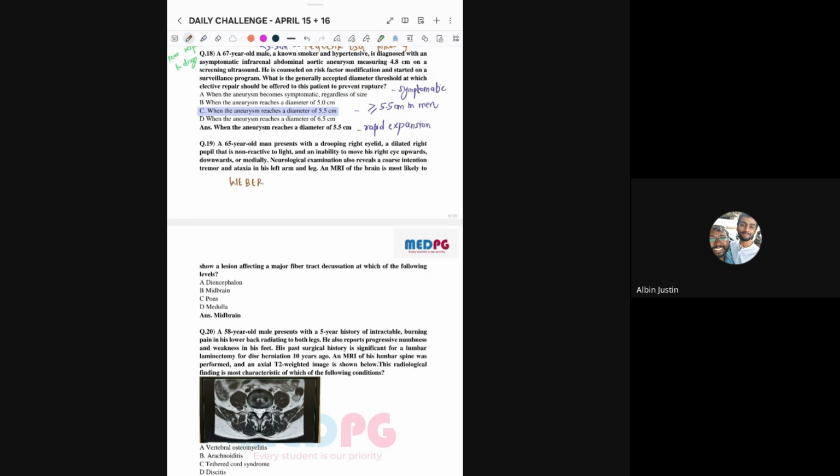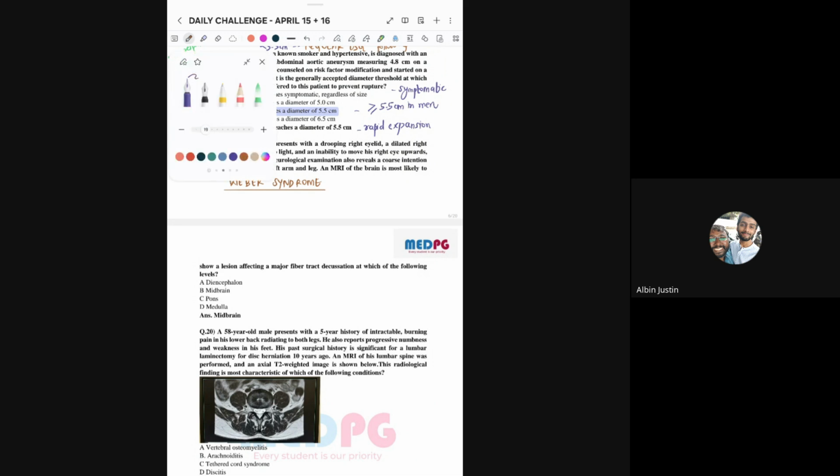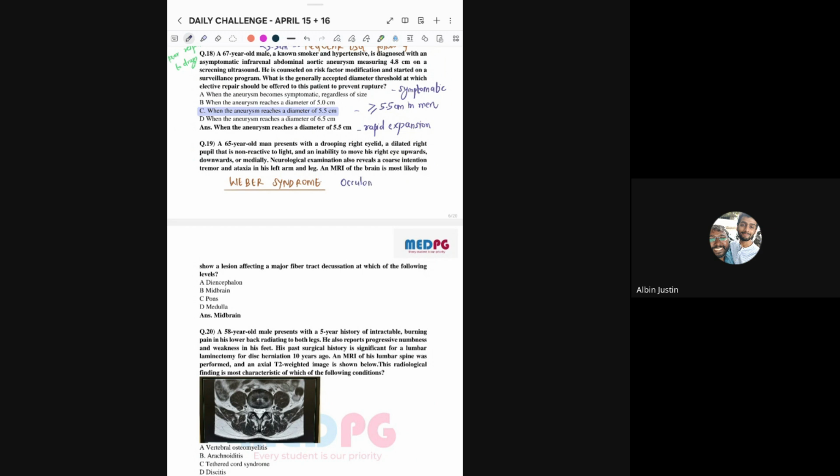Weber syndrome is a lesion which involves the oculomotor nerve, the third nerve, the cerebral peduncle and the corticospinal pathways.